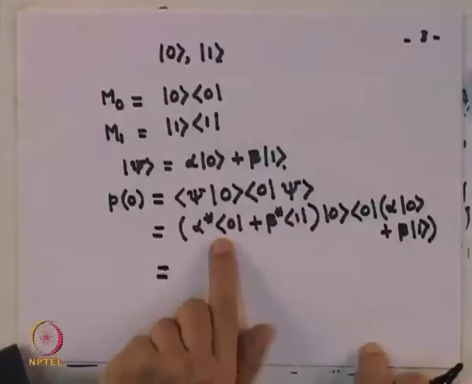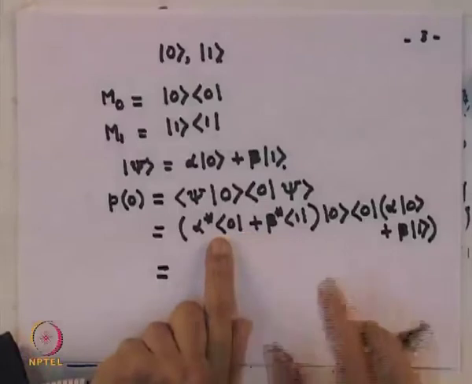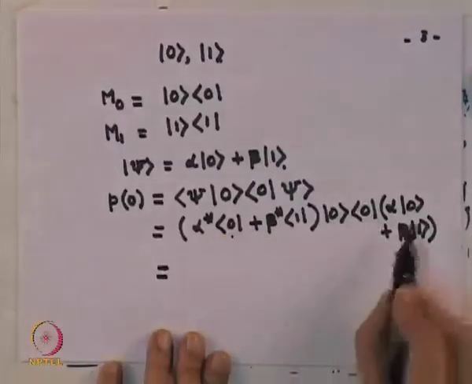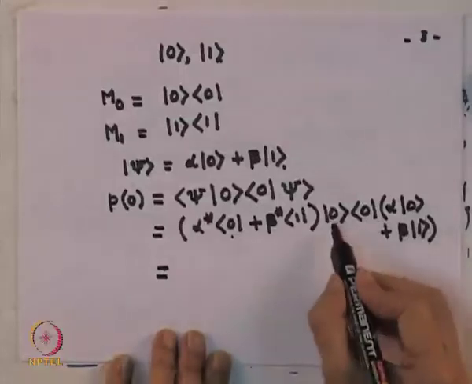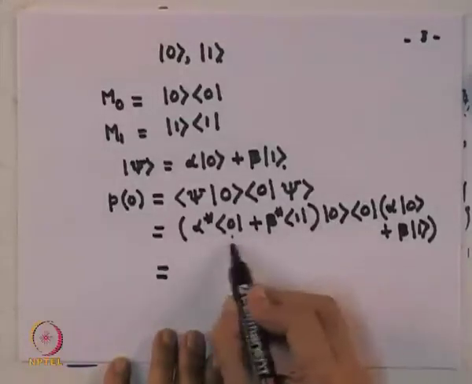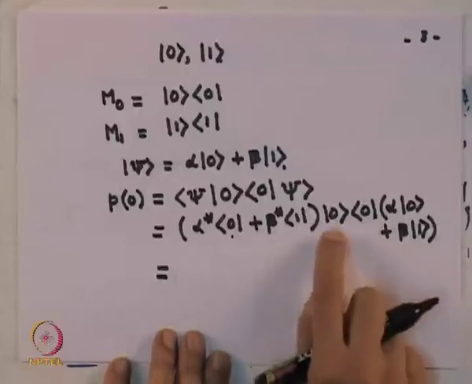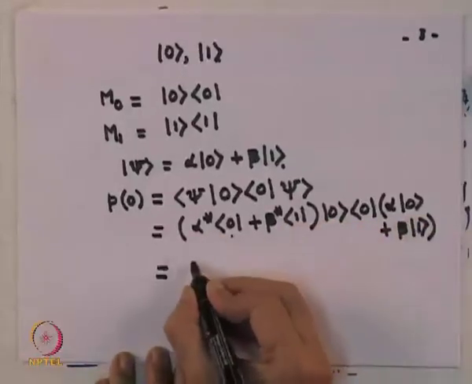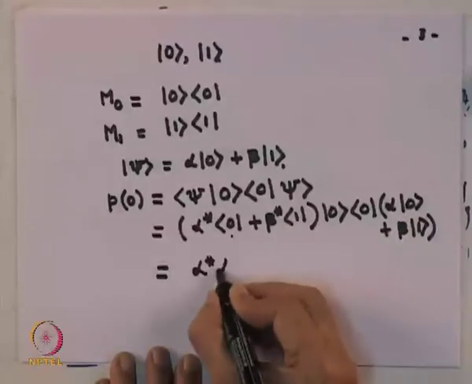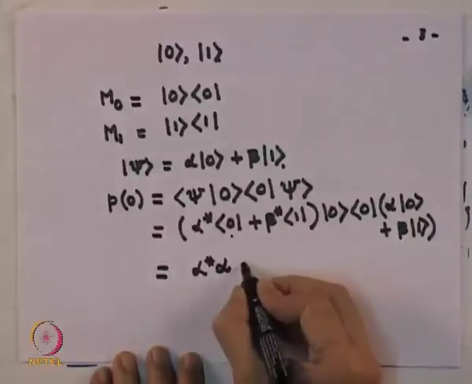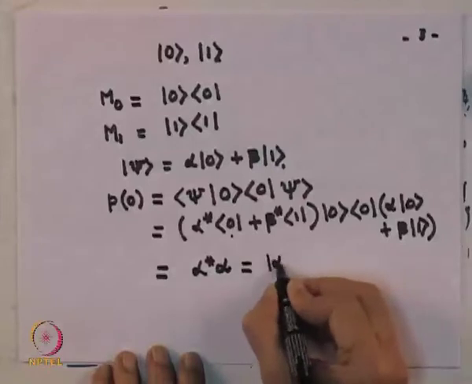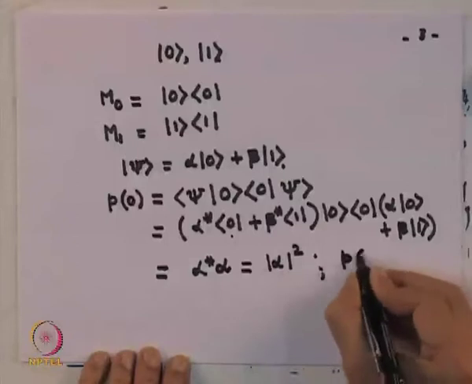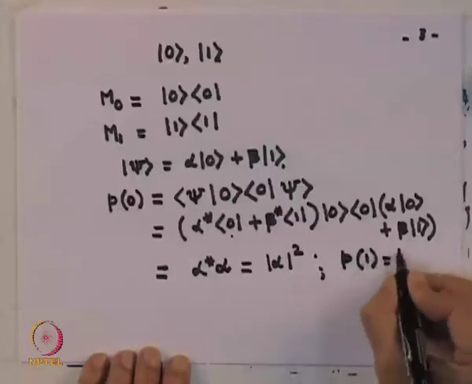We can multiply this through and realize that the only terms that survive are the products <0|0>, which gives you 1, and <0|1>, which is 0. So if you just multiply it through, you will be left with alpha star alpha, which is nothing but modulus alpha squared. And likewise you can show that the probability of getting the value 1 is modulus beta squared.